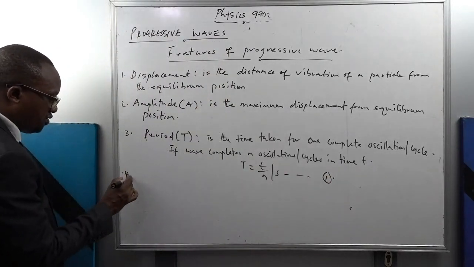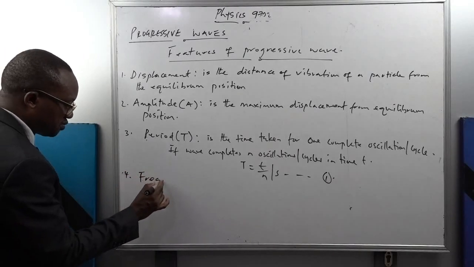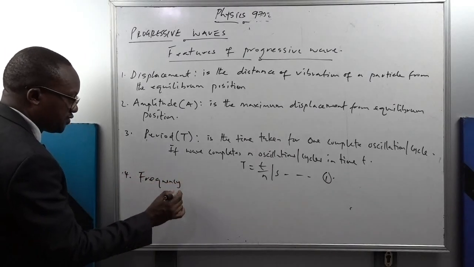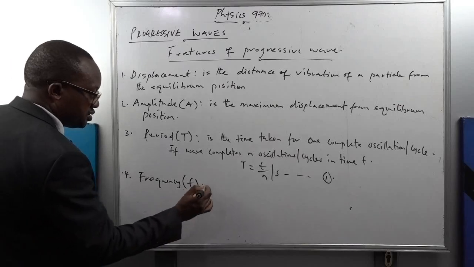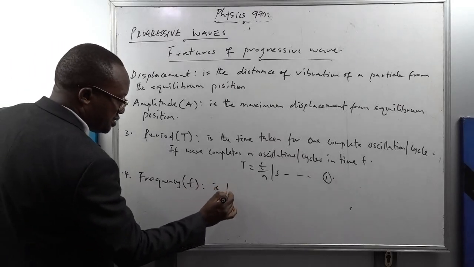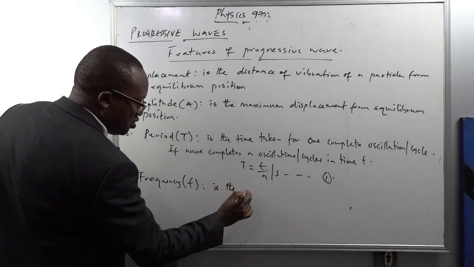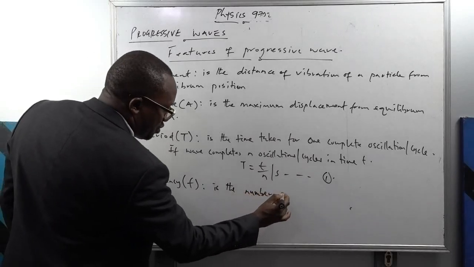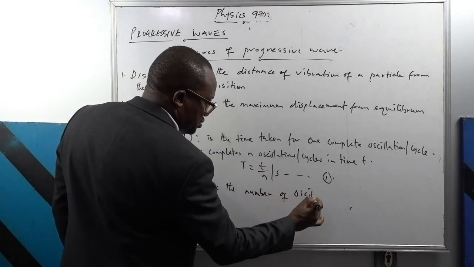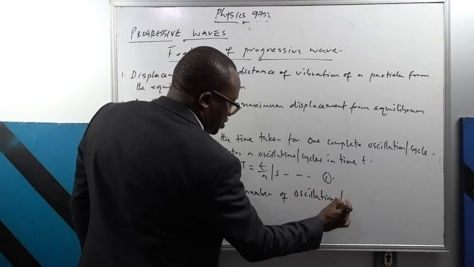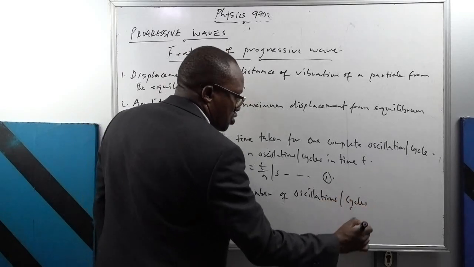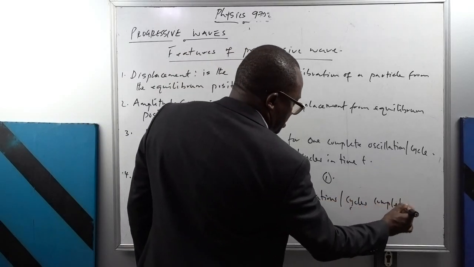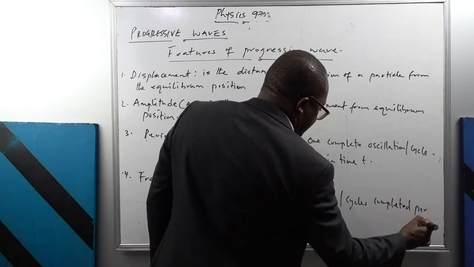Then number 4, frequency. Frequency F is the number of oscillations or cycles completed per unit time.